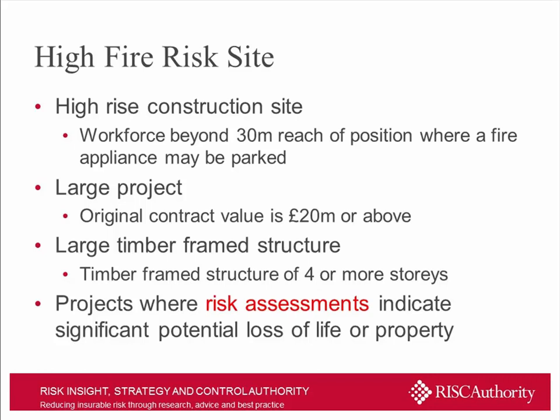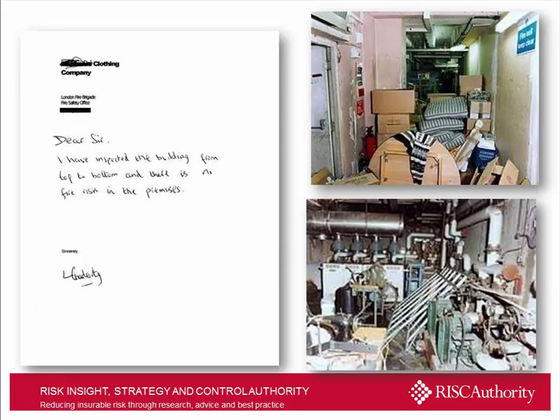So the code makes some specific requirements for high fire risk sites, as it does for large timber frame structures as well, independently, which are specific to these types of premises. We tend to think of the code, I suppose, as being about property protection because it's something that was originally driven by insurers.